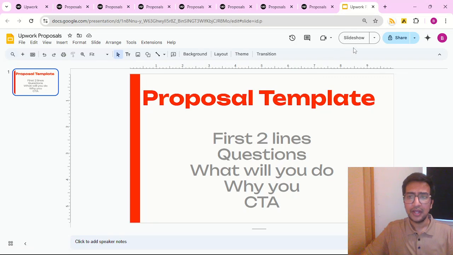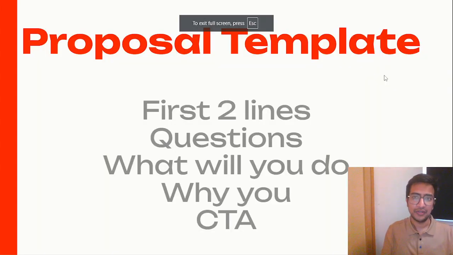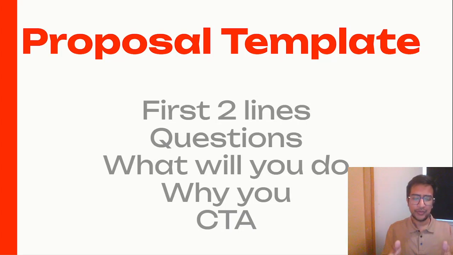In this video, I'll be talking about what makes a proposal that would make clients respond to it. All right. So very quickly, as we learned, the first two lines are the hook from the client's dashboard that would get them to open your proposal. Then your proposal should have some questions, and I'll show you what that means and what your proposal should cover.